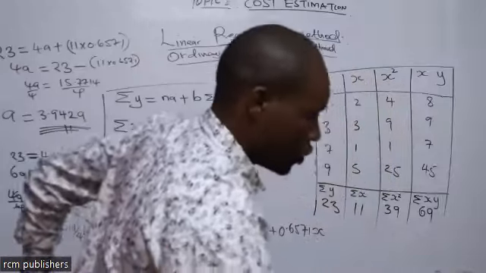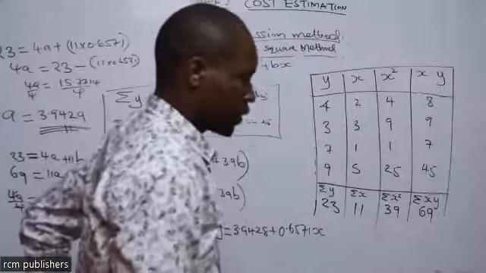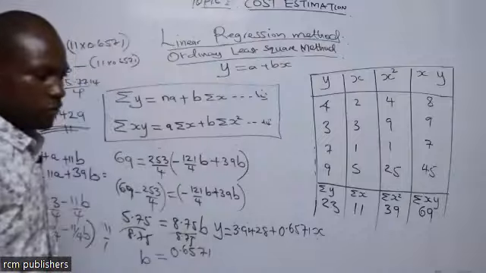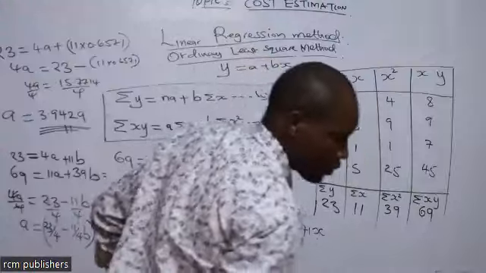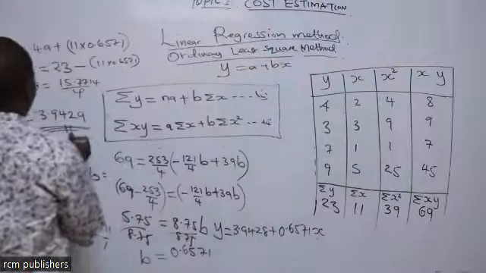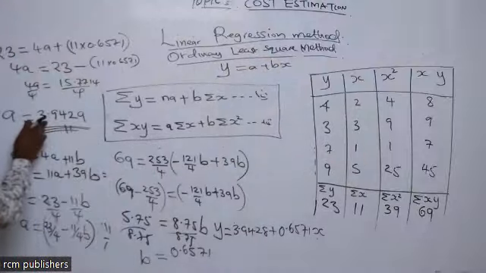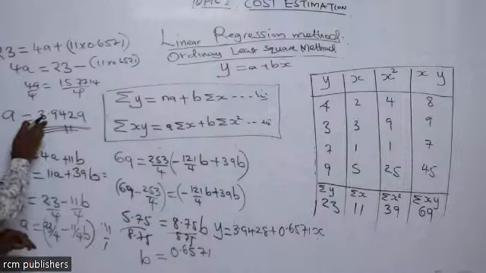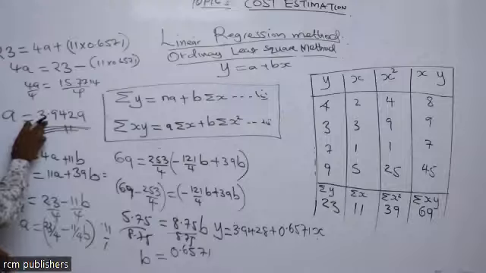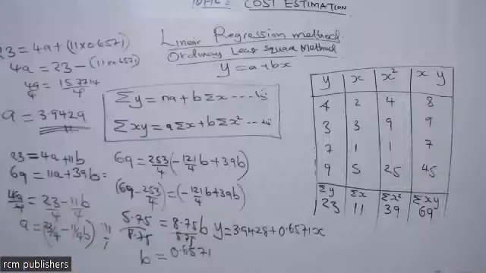Si hiyo kitu iko sawa? Confirm that. So you are able to see that this one here is just as a result of rounding off, but we are able to see that we are arriving at the same answer.